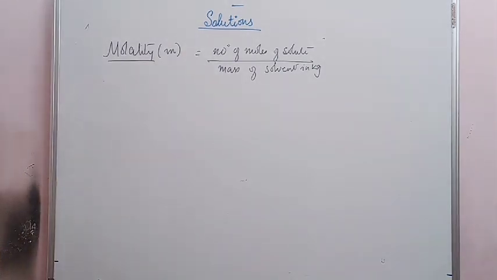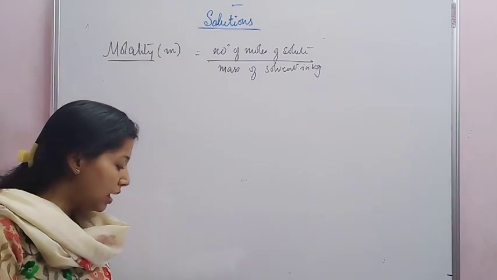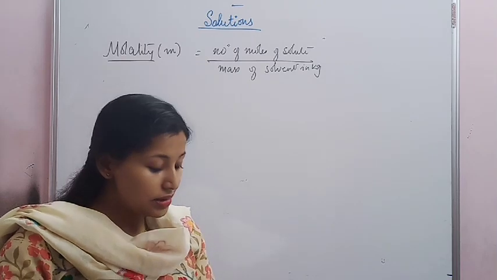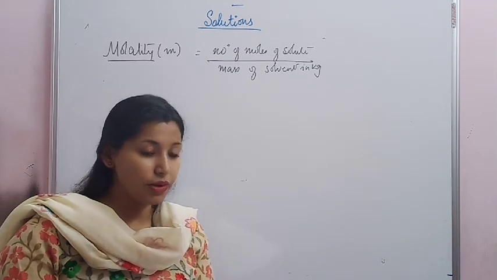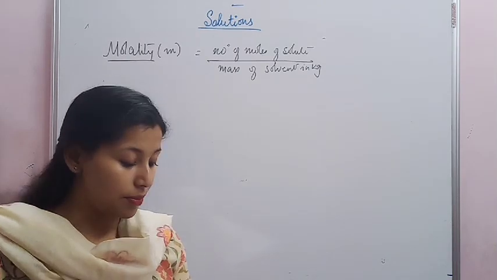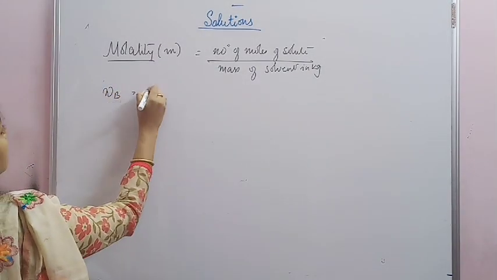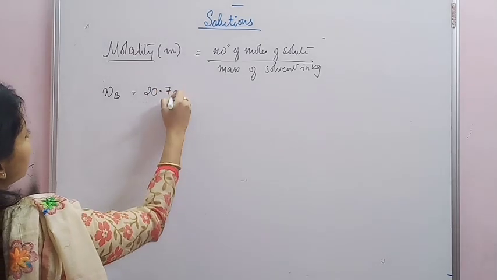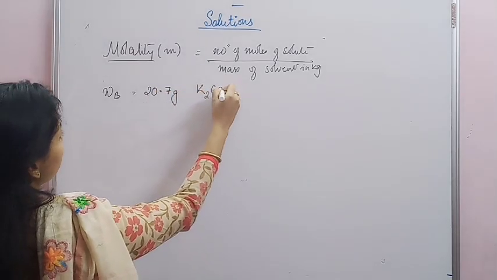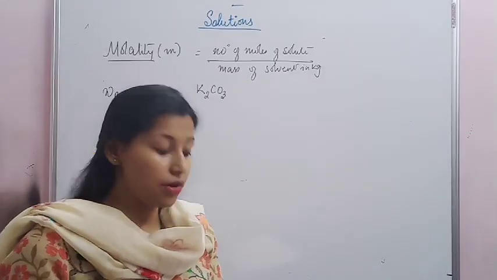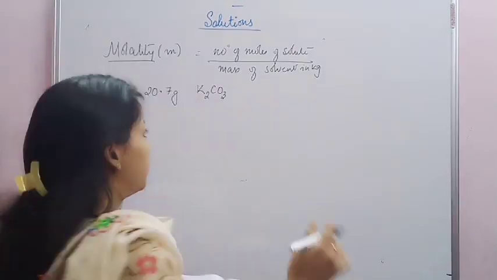I have one here. It says calculate the molality of a solution containing 20.7 gram of potassium carbonate. Okay, so given mass is 20.7 gram of potassium carbonate dissolved in 500 ml of solution.